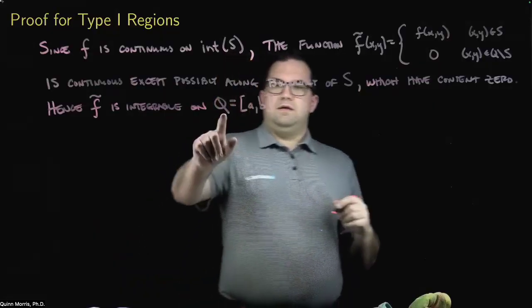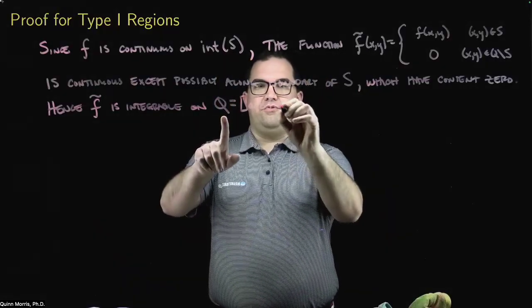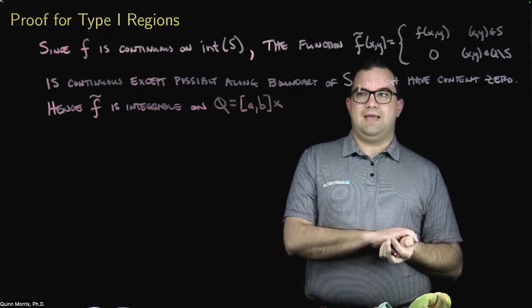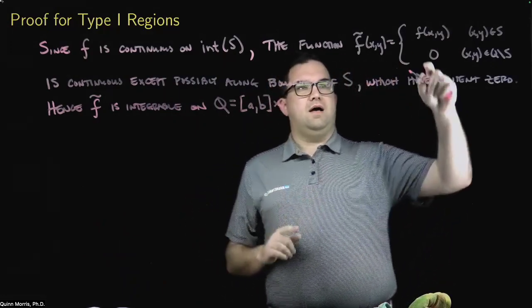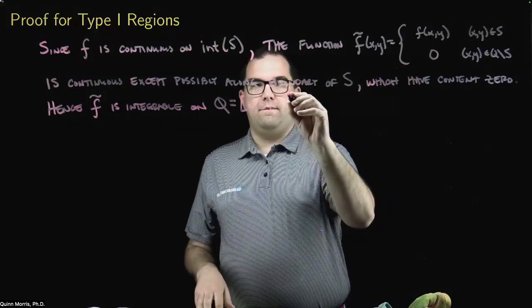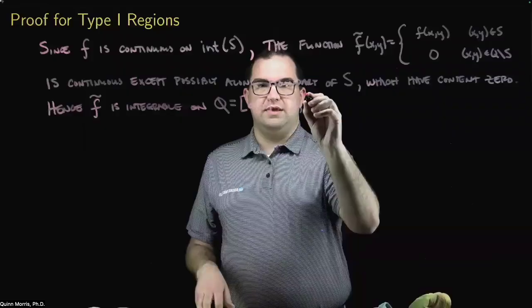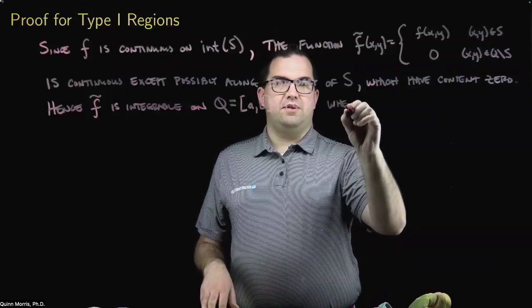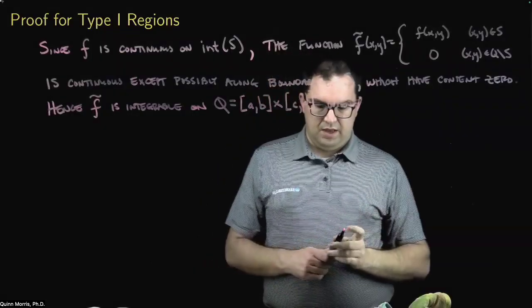The y values, I can choose any rectangle I want, really. I just need to make sure that S is entirely within Q. So I'm going to call this [a, b] cross [c, d], but I'm going to define c and d.